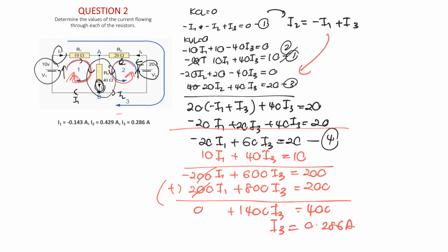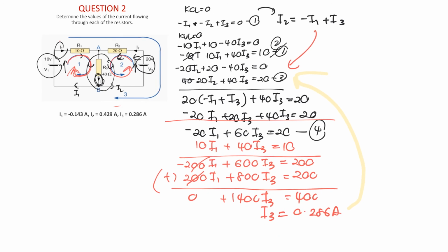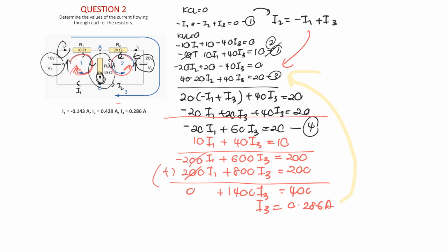Now I'm going to find the next one, which is I2. I'm going to put it into the original equation, equation number 3, so I can get I2. Let's proceed. So I'm going to put it inside my equation 3.